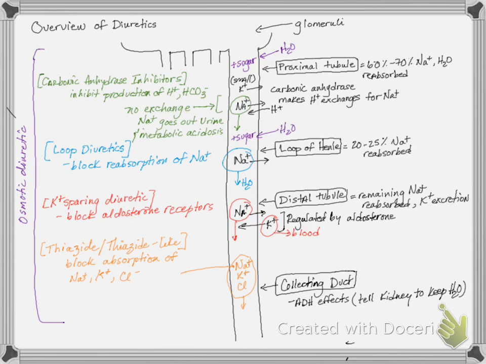So that's all it does, it changes the osmolality of the fluid in the renal tubules, and thus sugar added is going to bring water in. And that's how osmotic diuretics work. And this is just a basic overview of how all the diuretics work.